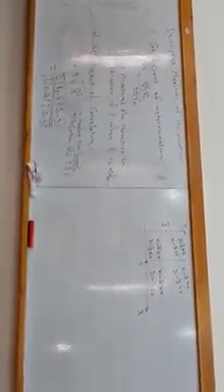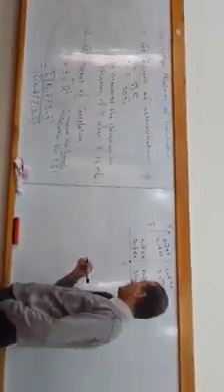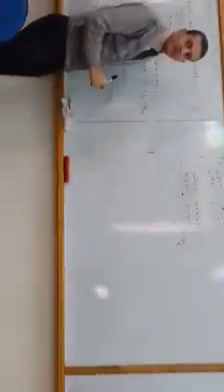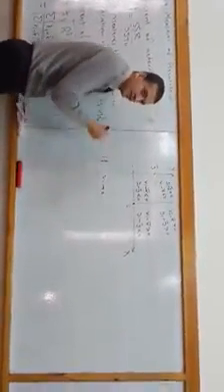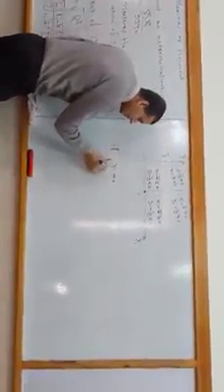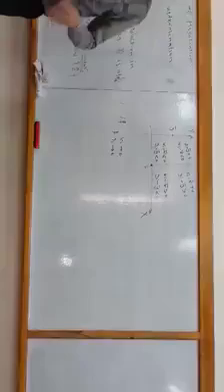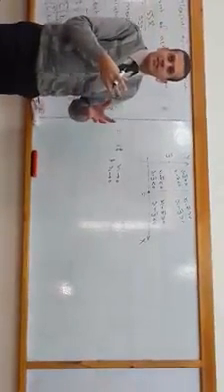Any questions? No. Okay. Now, if xi is close to 0 and yi is close to 0, what do you think the scatter plot will be?